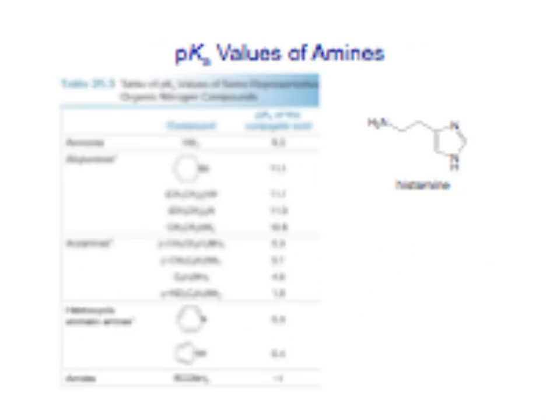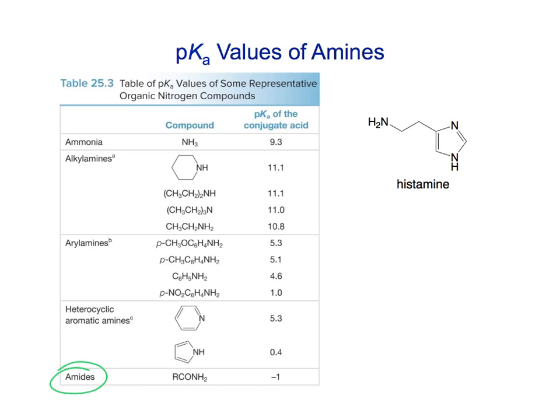The relative effects of activating and deactivating groups influence it. So here's the table of quite a few of the groups that we've just looked at. This is kind of just a summary of what we've already looked at. The one that I didn't show is down here. These aren't really amines, but they're included with the amides just because they have a nitrogen on them as well. Like this.